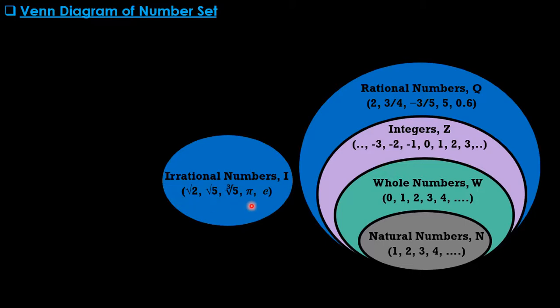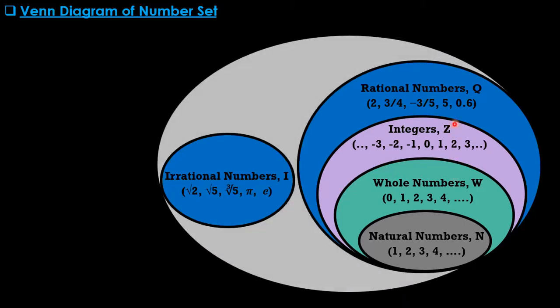These are some examples, and both rational numbers and irrational numbers together make up the real numbers.